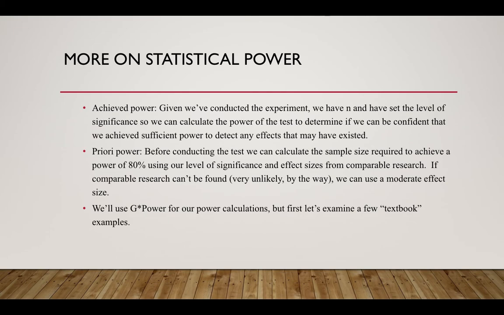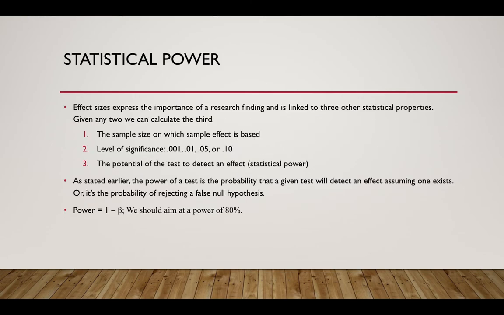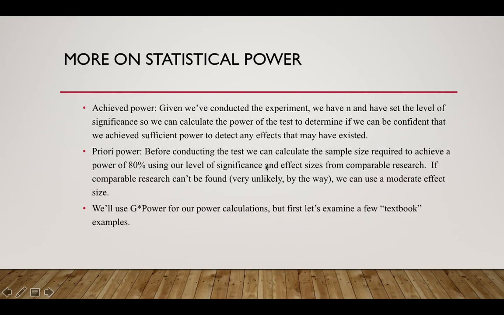We have 2 types of power. We have achieved power: we have our sample size and our level of significance, and we can calculate number 3. A priori power is the other type.